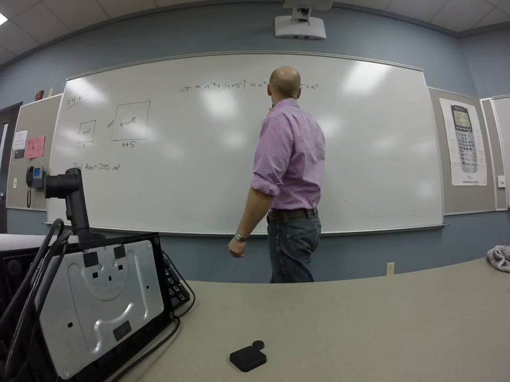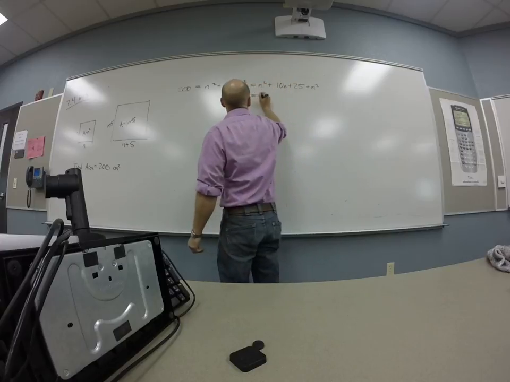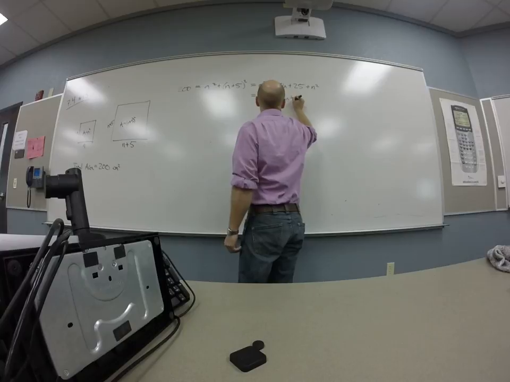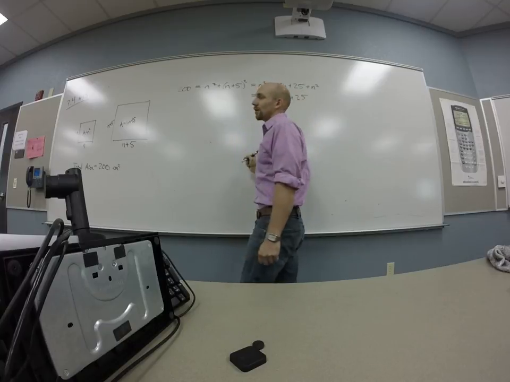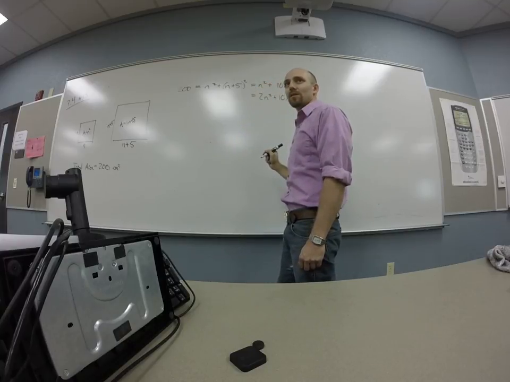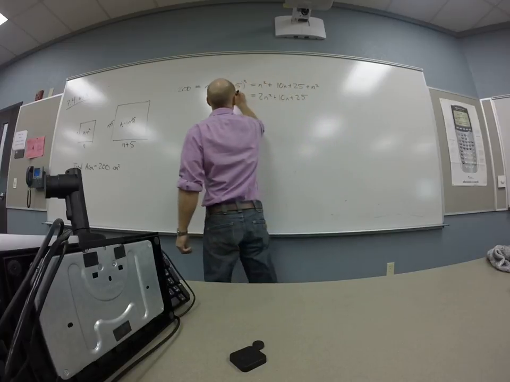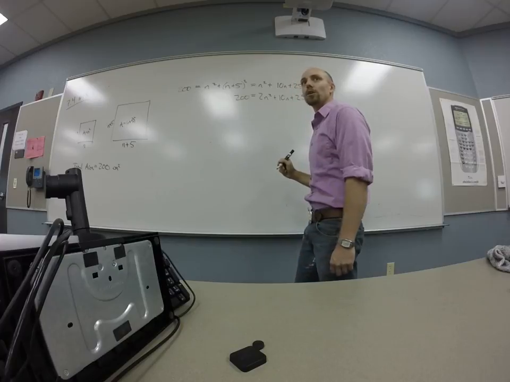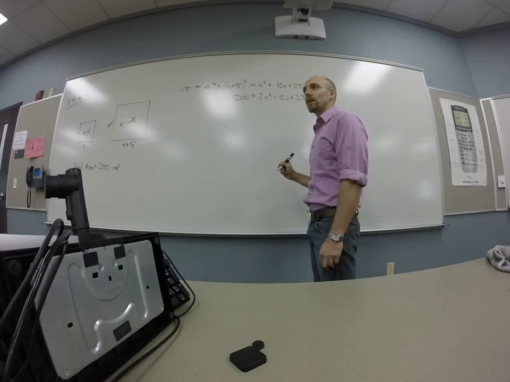So there's 2. That's 2n squared plus 10n plus 25, right? What's that equal to? 200 centimeters squared, yeah. So we'll know that our units are centimeters in the end here.